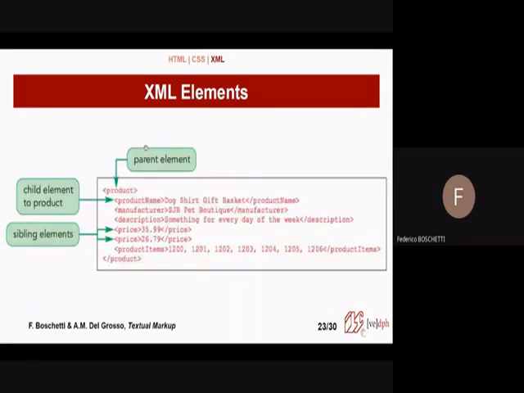In this case, you see that we have a parent element that is product, and child elements: product name, manufacturer, description, and these two ones, price and price, are sibling elements because they are at the same hierarchical level.